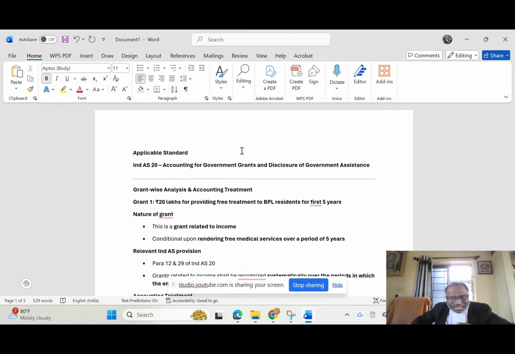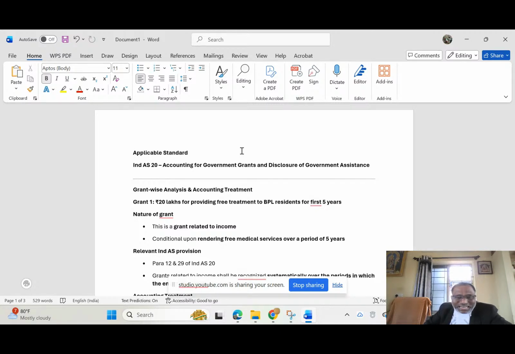First, let's take grant 1. Okay, friends, we are solving this question. Grant 1 is 20 lakhs for providing free treatment to below poverty line residents for first 5 years.